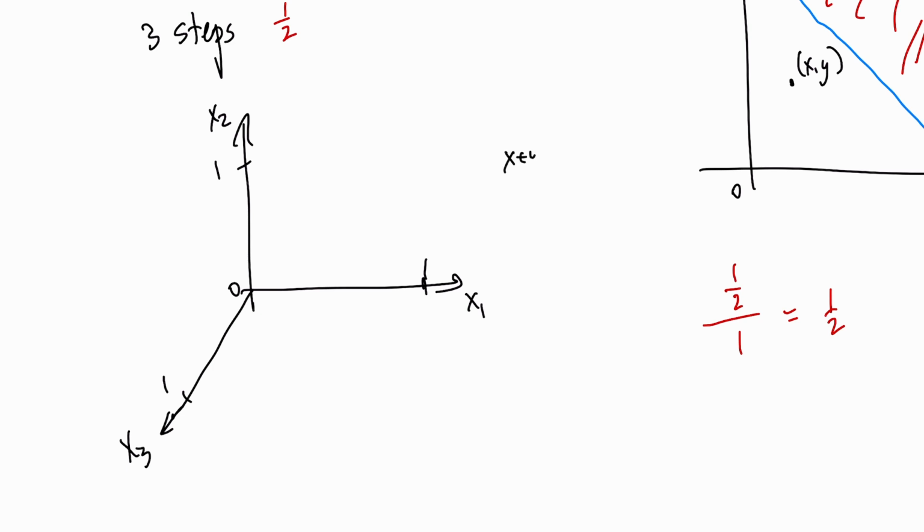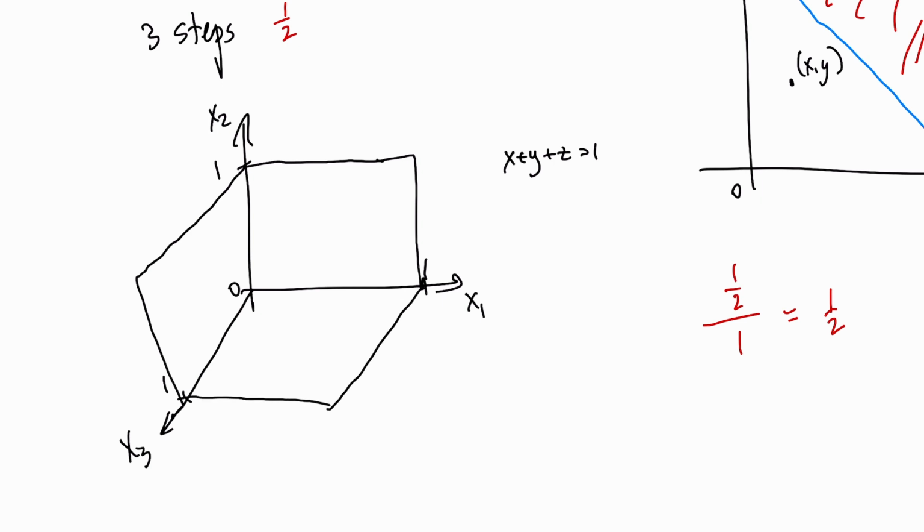That is x plus y plus z greater than 1, then it exceeds 1, right? So what we are interested in here is this cube over here. We're not drawing everything, just so that this looks neat enough. And this is x plus y plus z equal to 1. The plane looks like this.